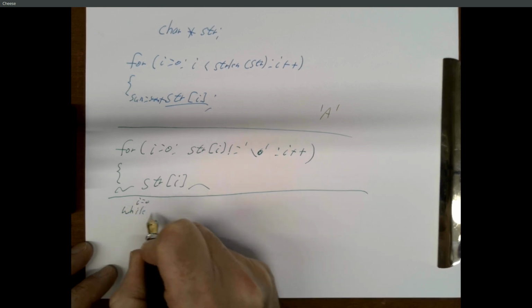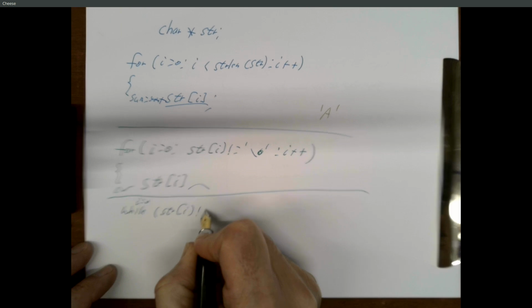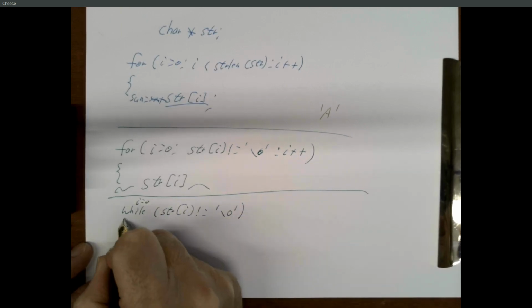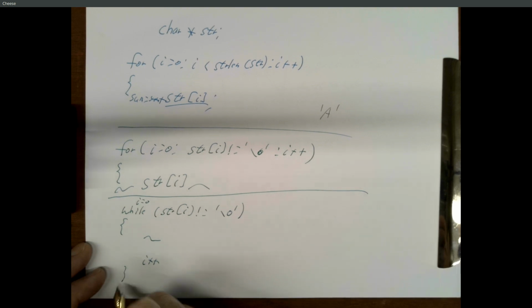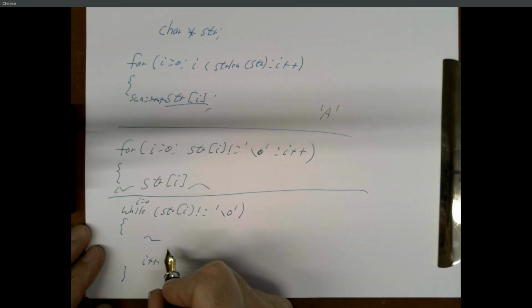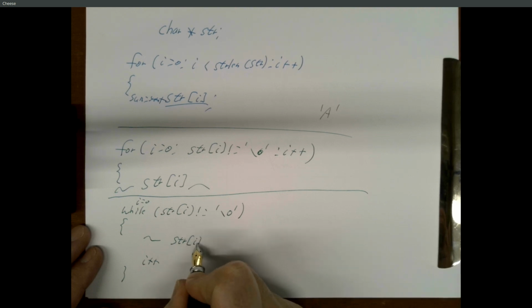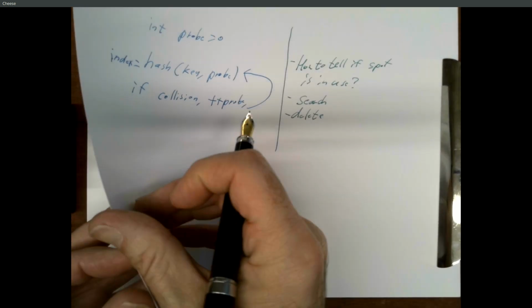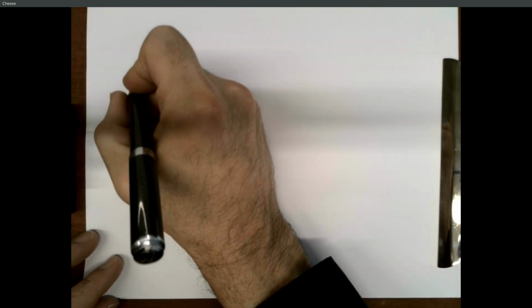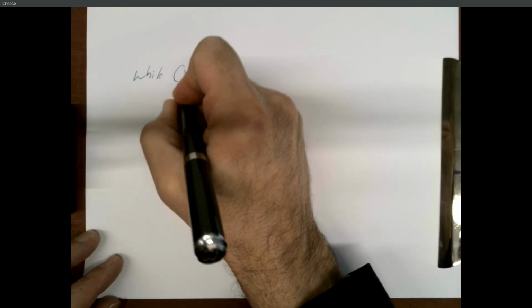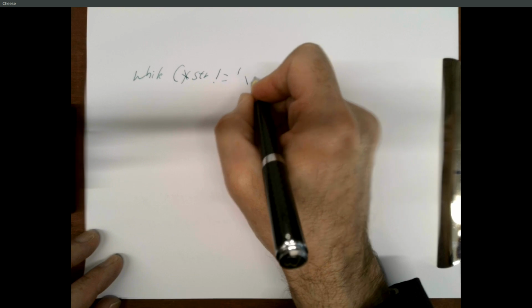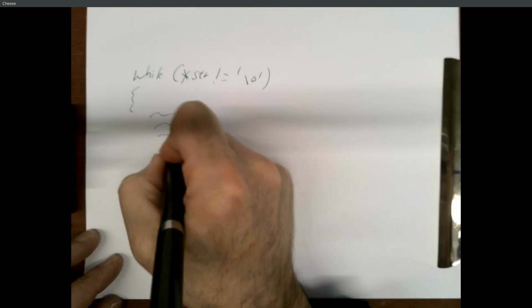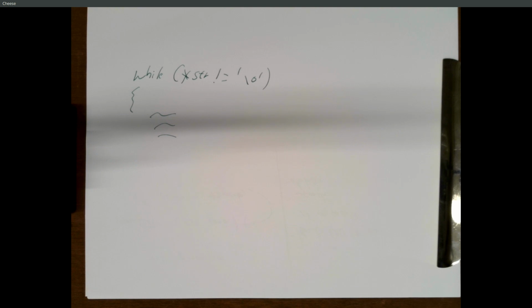Let me do this as a while loop. Right, so we increment i at the bottom, and the way we access this character is still str[i]. But you can also do this with pointers. We can say something like this: the thing that str is pointing to is not the null terminator.